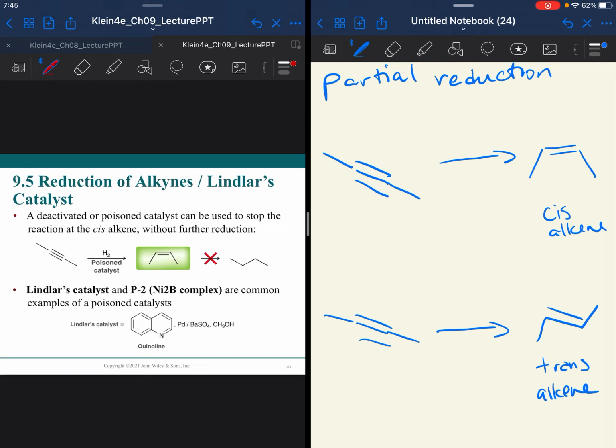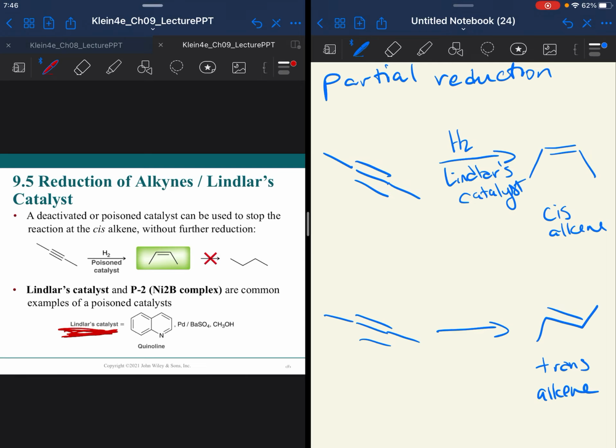Now, to do a cis alkene, we need H2 and we still need a catalyst, but we're using something known as a poisoned catalyst. Specifically, the one I want y'all to memorize is Lindlar's. Lindlar's catalyst allows us to add hydrogen, but wind up with a cis double bond. Now, you don't need to know the mechanism, and you don't even need to memorize what Lindlar's catalyst is.